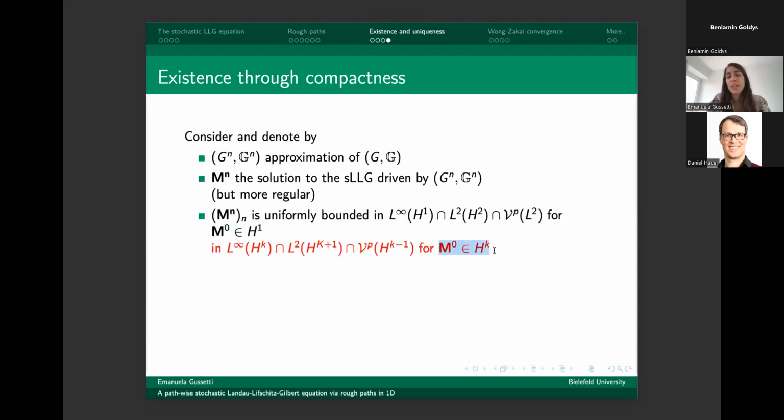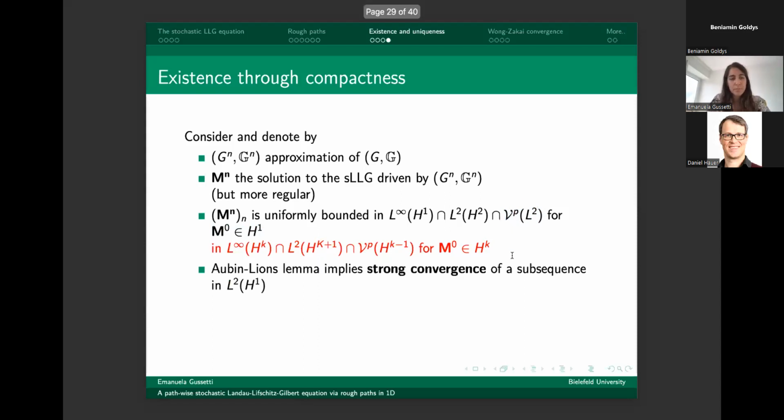If one has an initial condition in H^k for k bigger or equal than 2, one can get, this was small, it's a typo, L infinity H^k, L2 H^(k+1), and then one degree less of regularity for the VP variation. So one employs Aubin-Lions, and we have strong convergence of a subsequence in L2 H1, plus some continuity in L2.